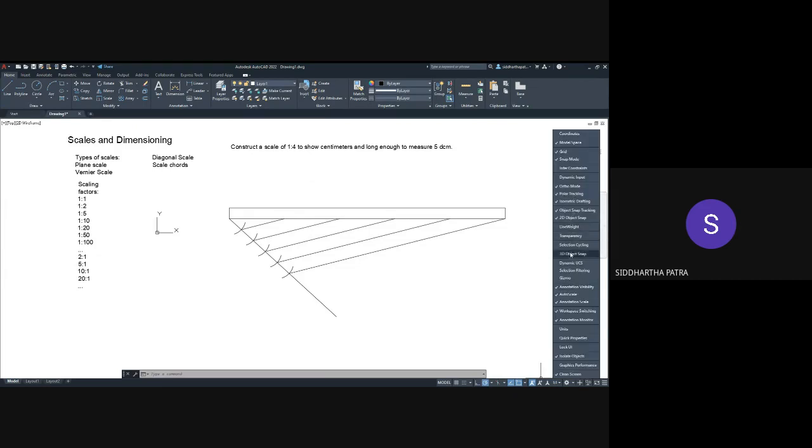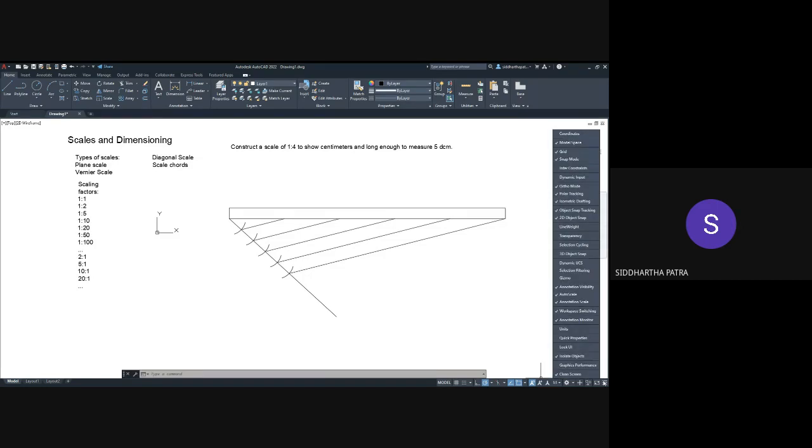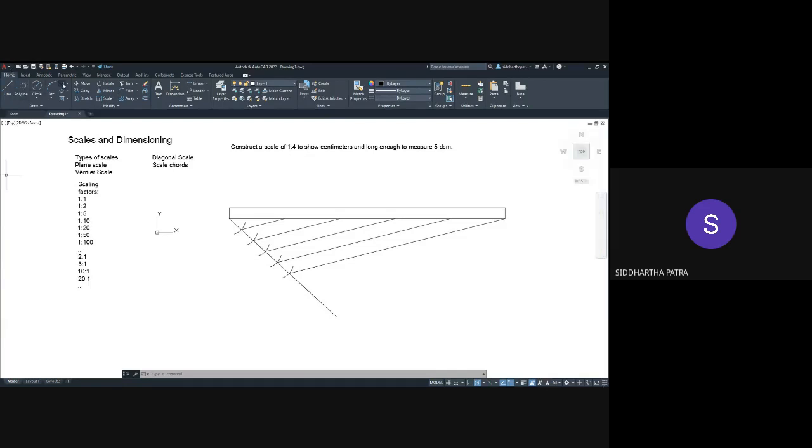Do you see line thickness here? No, sir. Okay. Line weight, this one. Okay. So basically, I'm just constructing this rectangle.